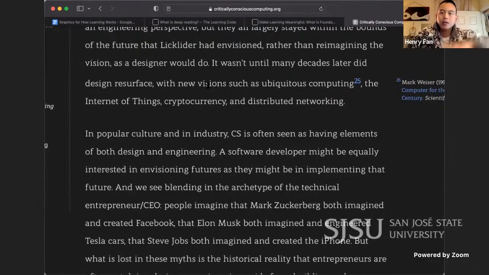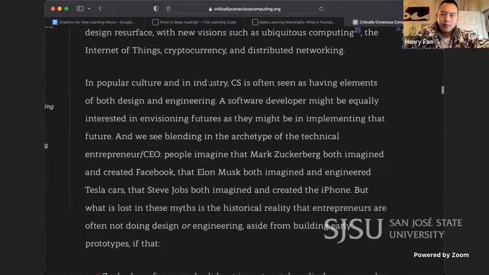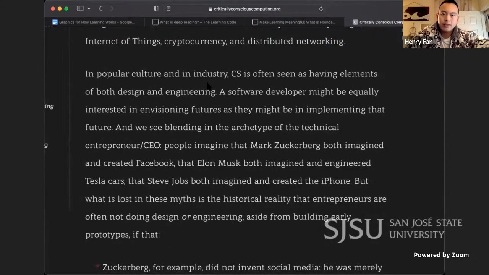In popular culture and in industry, CS is often seen as having elements of both design and engineering. A software developer might be equally interested in envisioning futures as implementing that future. And we see blending in the archetype of the technical entrepreneur, the CEO.